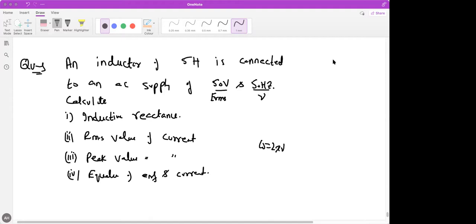Ahmad, first part is correct. Second, I don't think that second is correct. Yes, Noor is correct. Second part is correct.